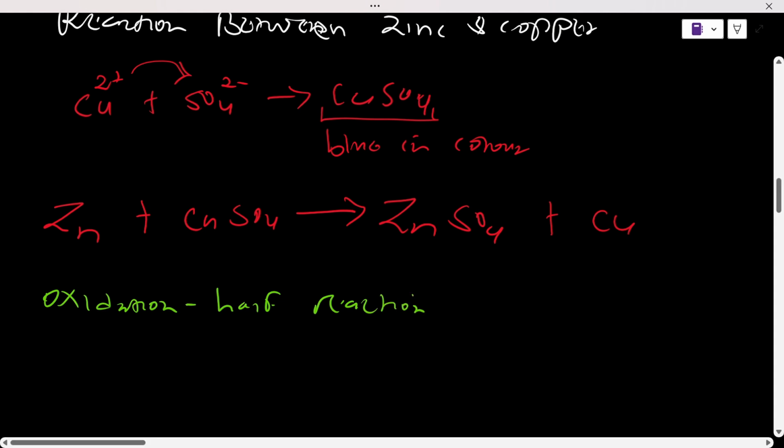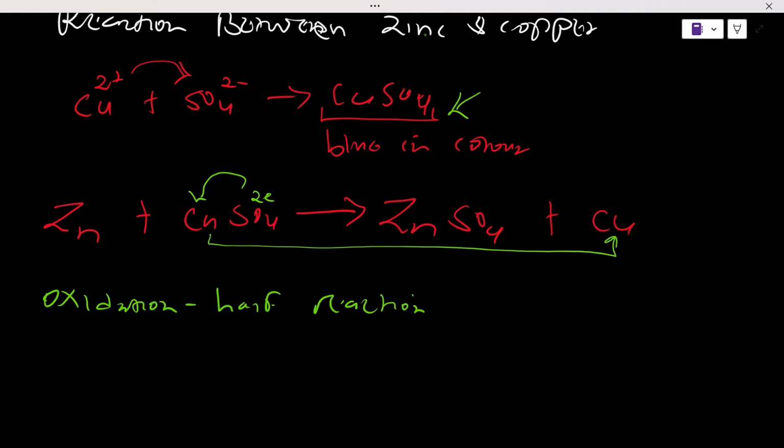So what will happen here is, sulfate took two electrons from copper in the formation of this. So the two electrons are returned back to copper, and copper will accept the electrons to form this.